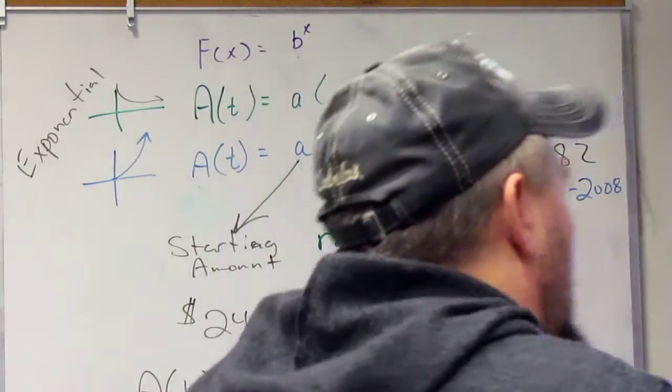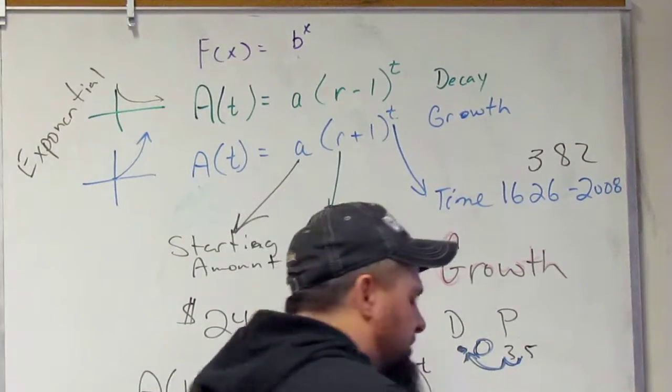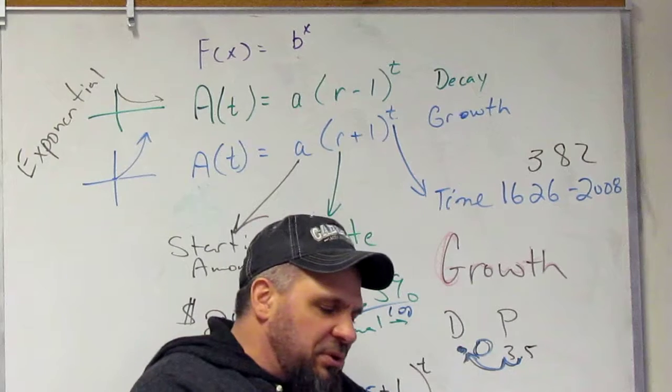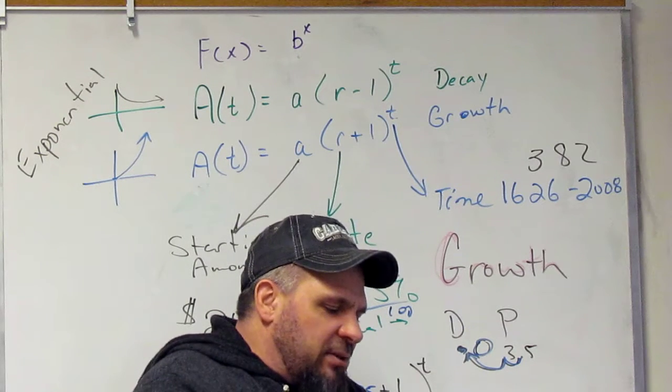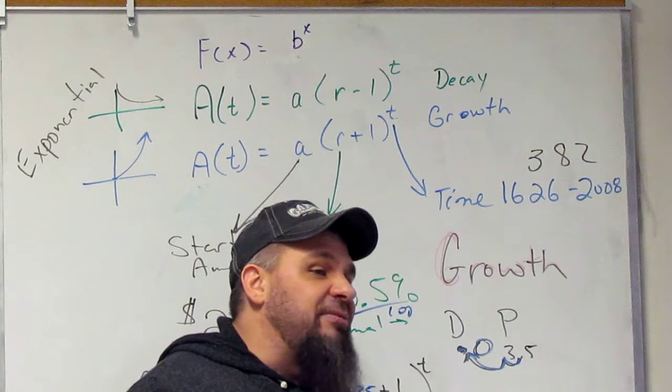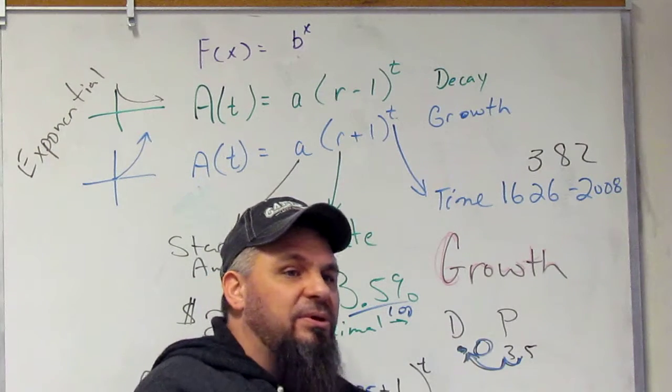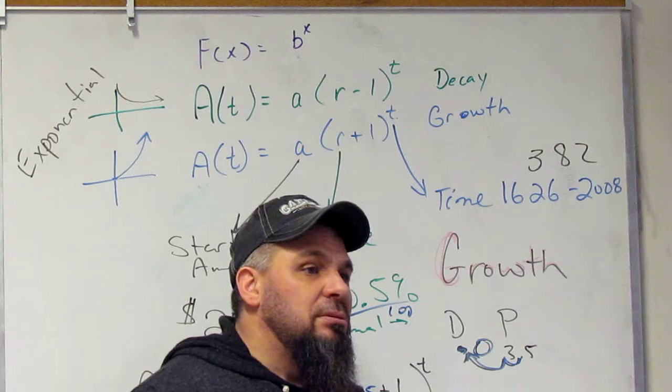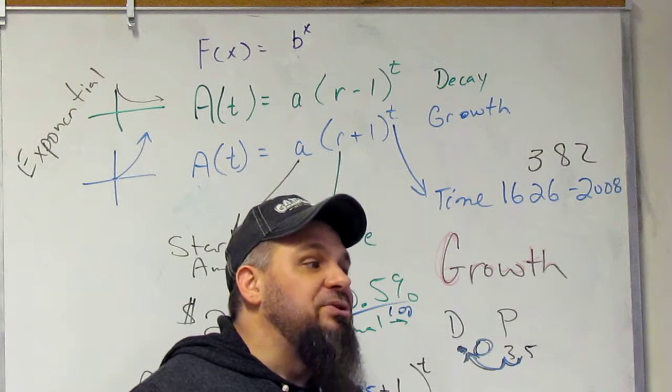When something grows exponentially, think of something that's squared. 5 squared is 25, but what's 5 cubed? 125.